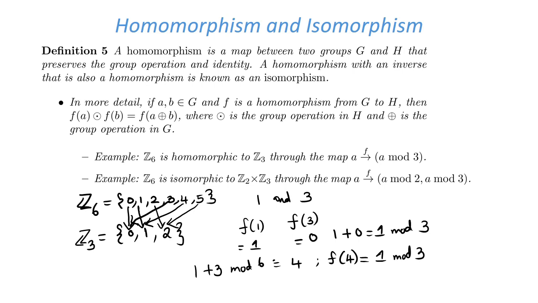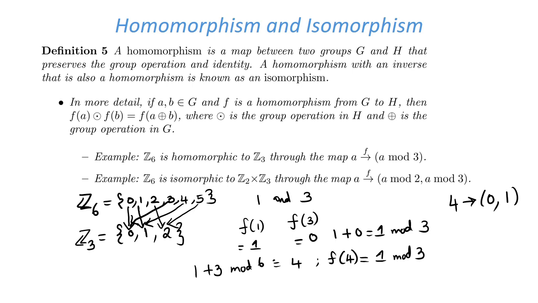Additionally, we can also show that Z6 is isomorphic to Z2 cross Z3 through the map that takes A to the pair of elements A mod 2, A mod 3. So for example, if I have an element 4, then 4 is mapped to 0 and 1 because 4 mod 2 is 0 and 4 mod 3 is 1.